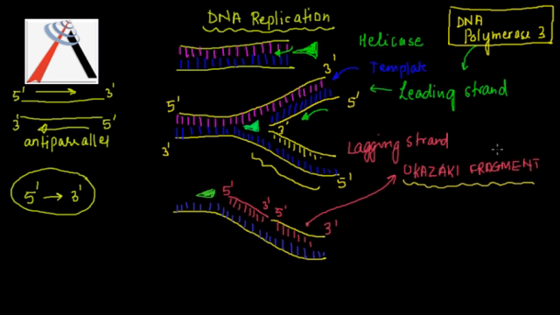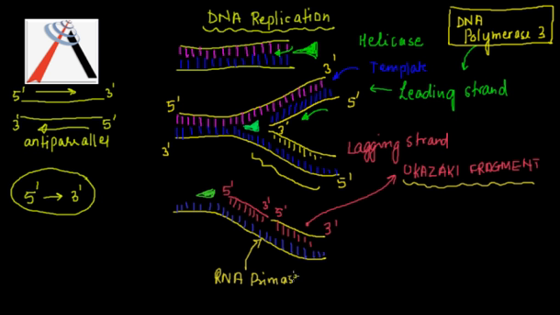When we start building the lagging strand, a few enzymes come into play. First is RNA primase. Before one Okazaki fragment is built, there is an enzyme that comes into play called RNA primase.